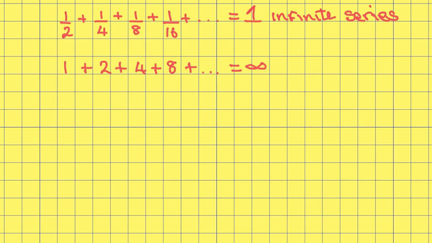And that is an example of a divergent series. It just gets larger and larger and tends to infinity the more and more terms you add. The infinite series we say converges.